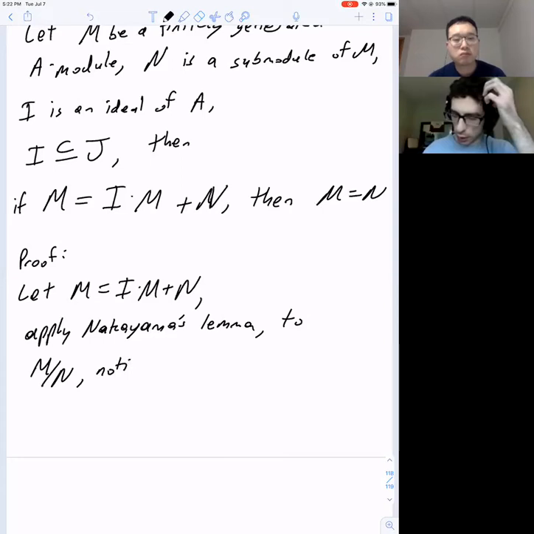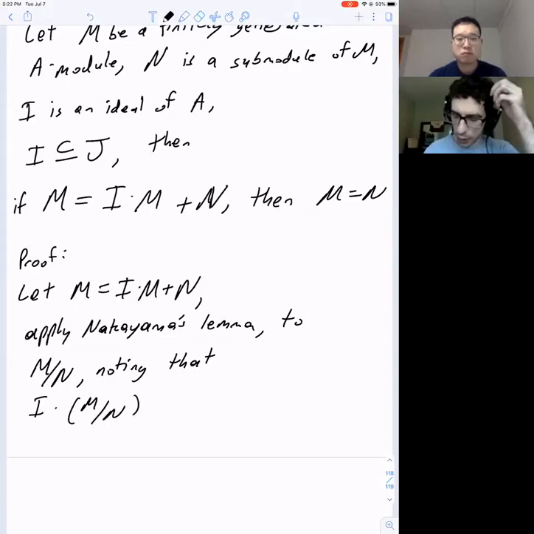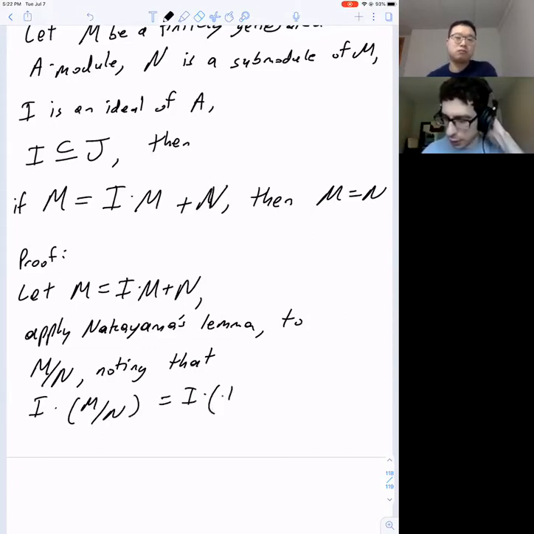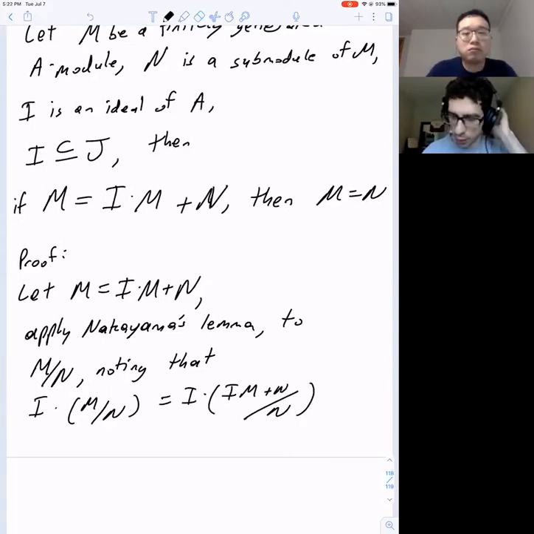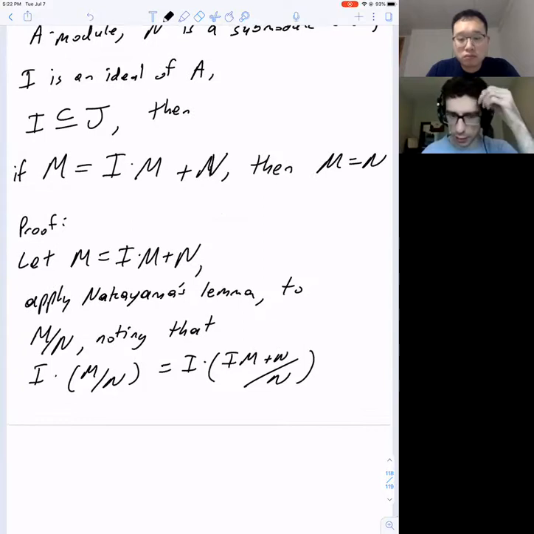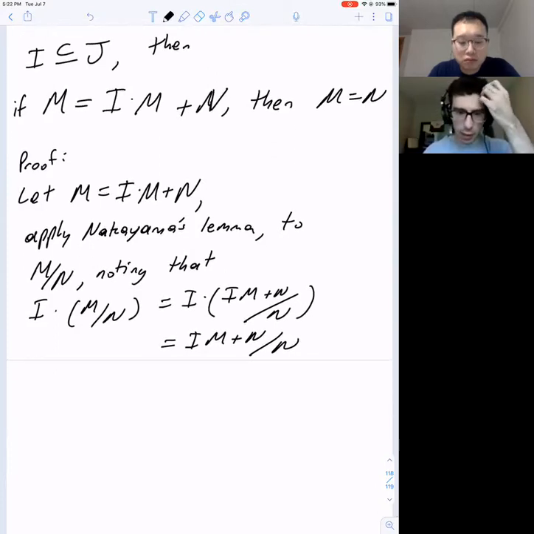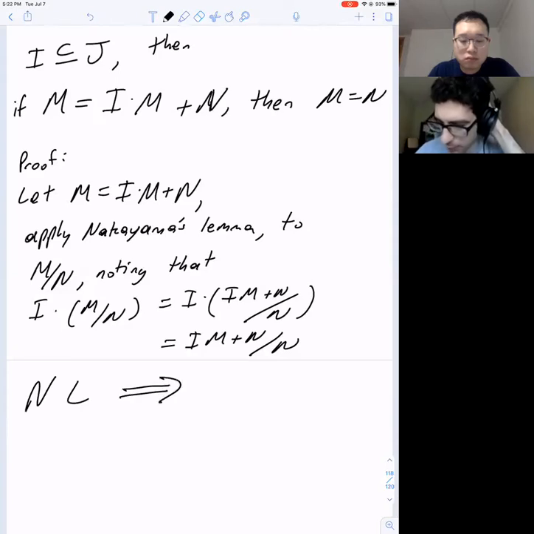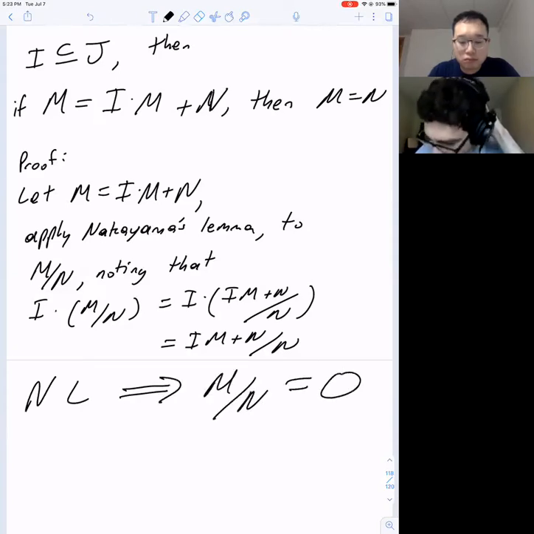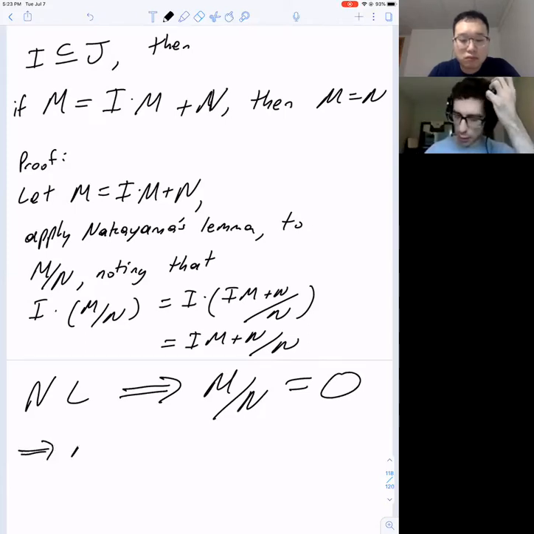And then you note that I times M mod N is the same as I times (IM plus N) mod N, but that's the same thing as (IM plus N) mod N. Okay, and so if you apply Nakayama's lemma to this, it's very easy to see that M mod N equals 0. So that means M equals N.